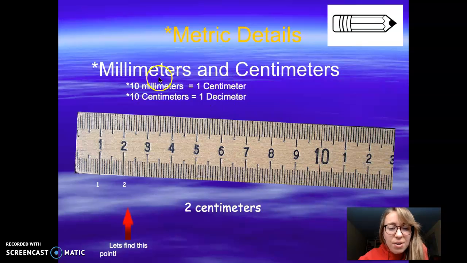Sorry, there are 10 millimeters in 1 centimeter and 10 centimeters in 1 decimeter. You're not really going to hear people talking about decimeter, but it does exist. We usually just think about it in millimeters, centimeters, meters, and then longer distances. For some reason, we usually skip the decimeter. So 10 millimeters in a centimeter, and then centi, that means 100. So there are 100 centimeters in a meter.